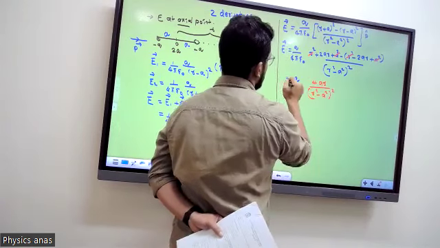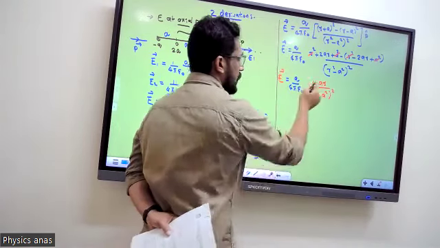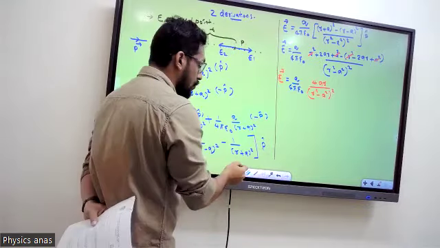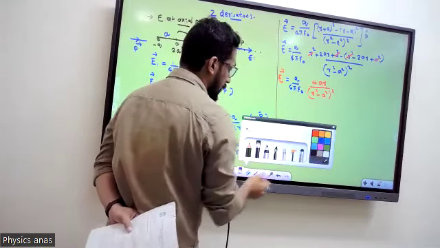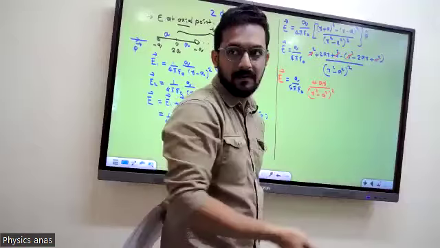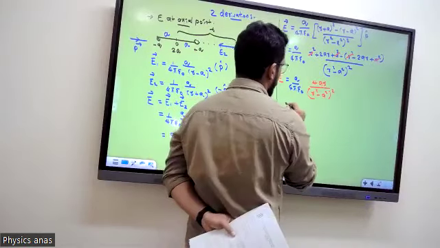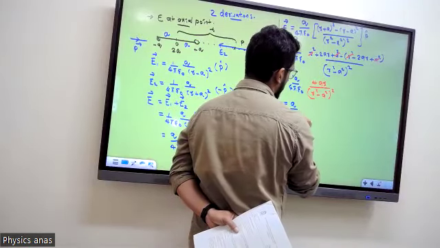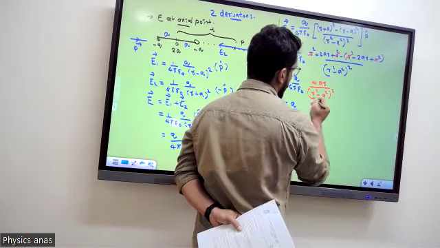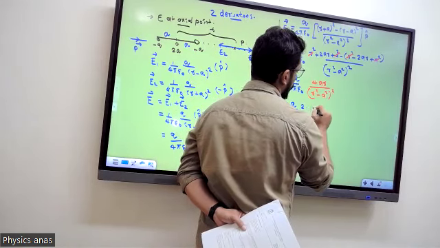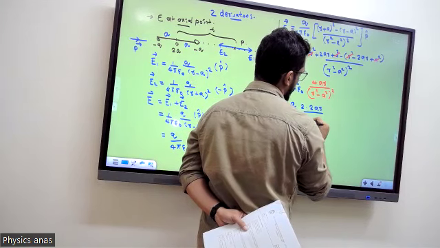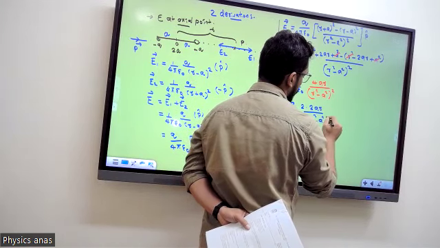This is the net electric field. You can write 4AR as 2 into 2AR, so it is Q divided by 4 pi epsilon naught, 2 into 2AR divided by (R square minus A square) the whole square.